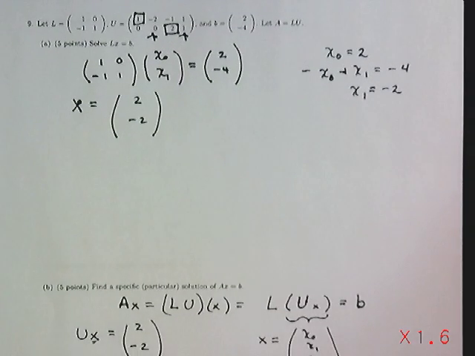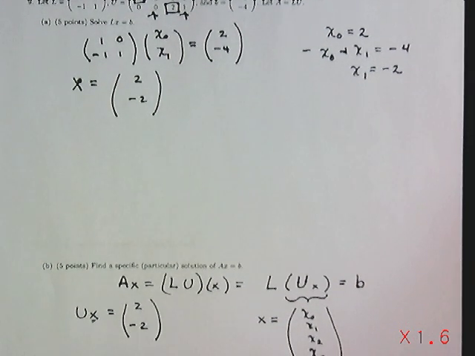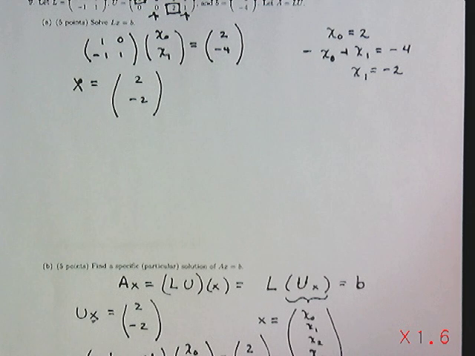So if we want to find a particular solution, we're going to let the free variables take on the value 0 and decide when it's the case that 1, -1, 0, 2 times chi0, chi2, the pivot values, would be equal to 2, -2. Again, because we set the free variables equal to 0 to find the specific solution.